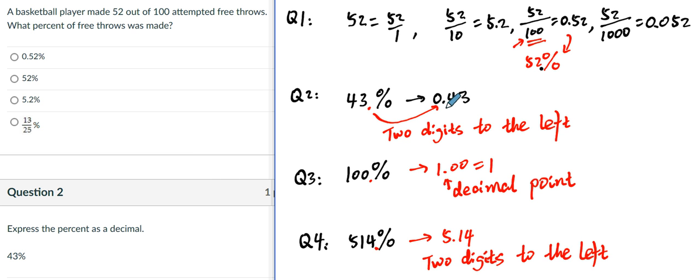So when you see 52 out of 100, divided by 100, that for sure will be 0.52, which is 52%. So that will be this answer, 52%. Here it asks what percent of the free throws was made. So 52%.